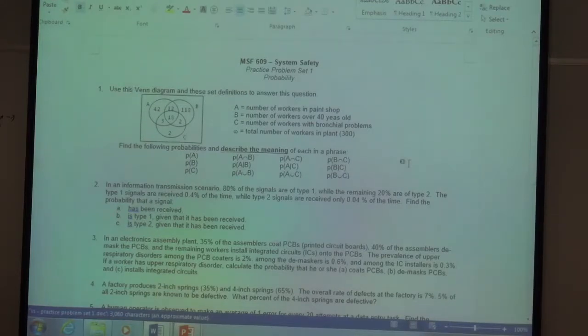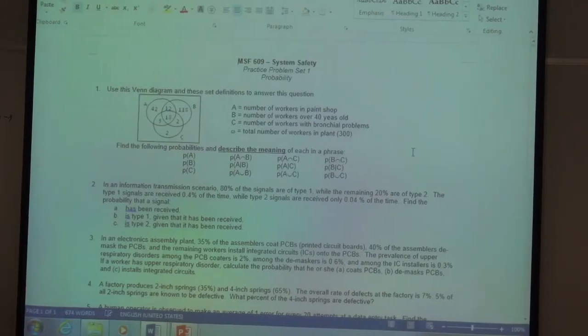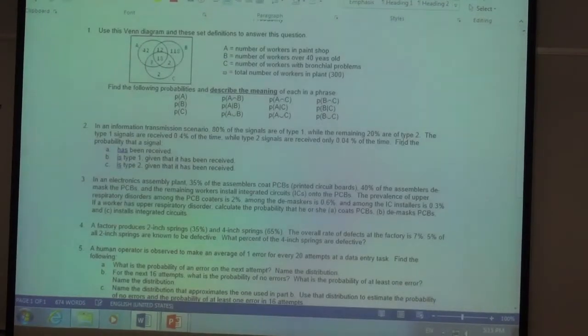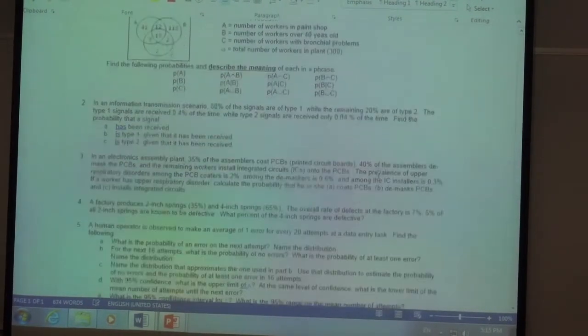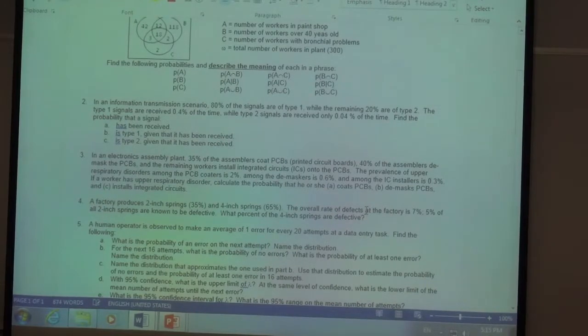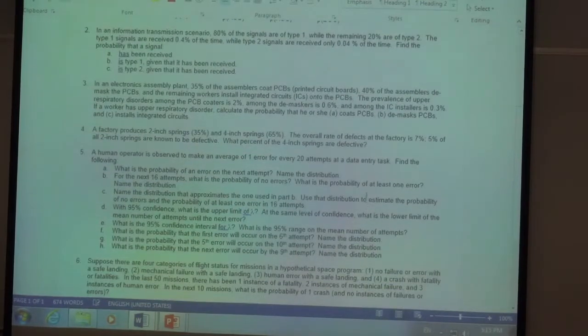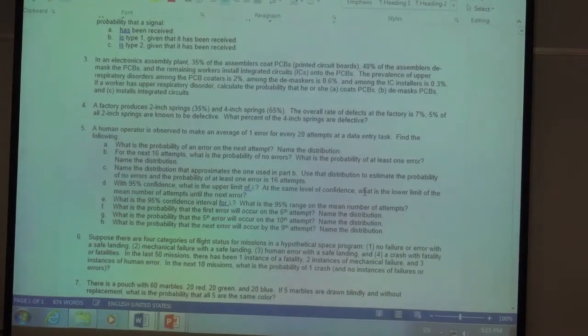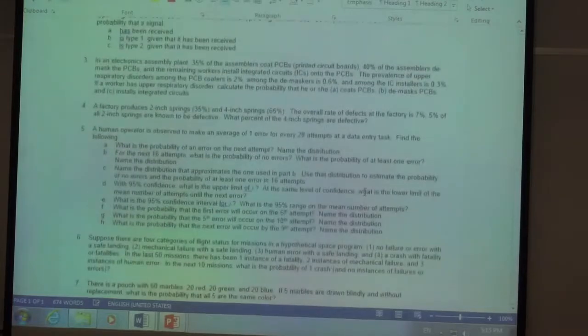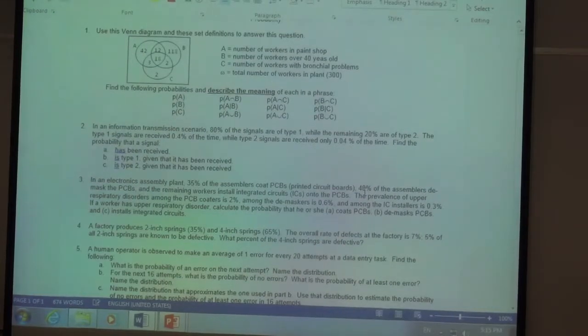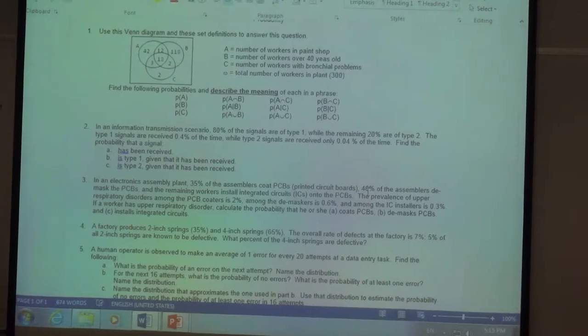You could do 1, you could do 2, you could do 3, you could do 4, and you can do A and B of 5. That's about that. So we'll do 1, 2, 3, 4, and 5 A and B. And we'll start out by going over those to consolidate what we talked about this week.